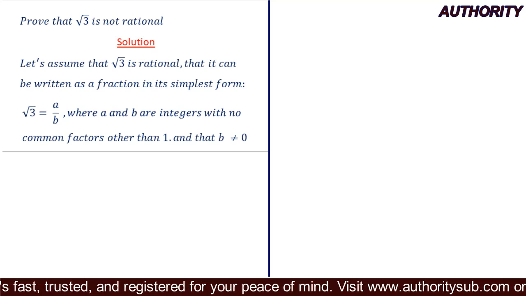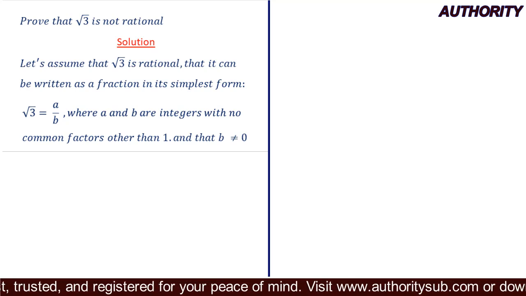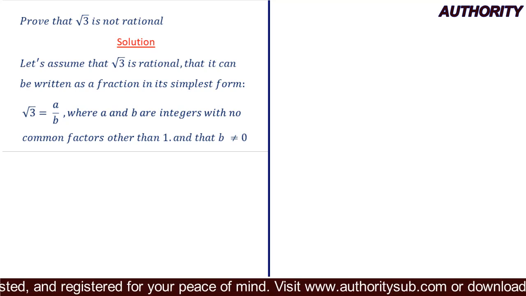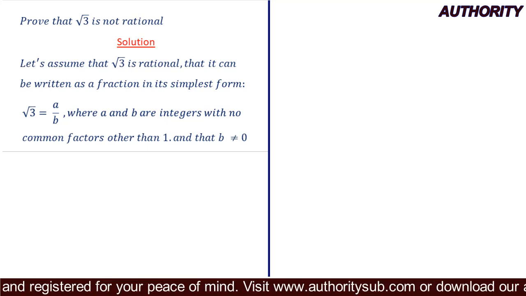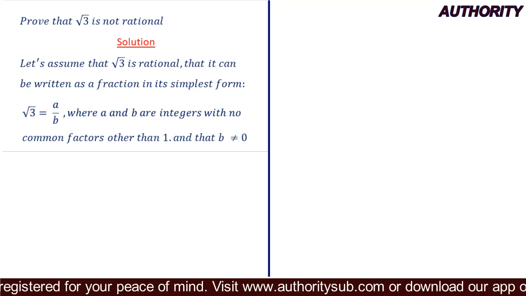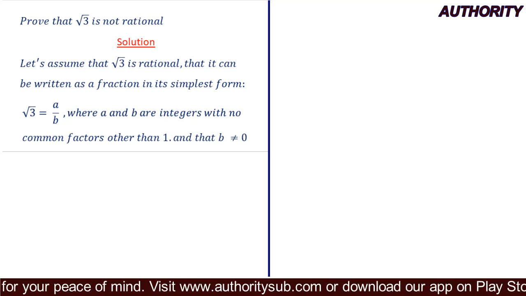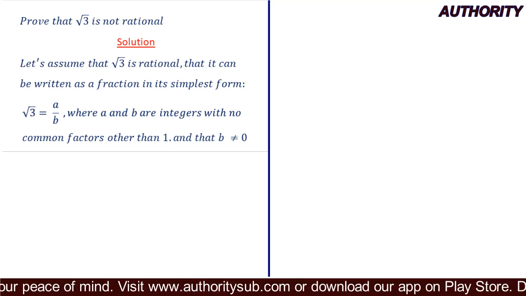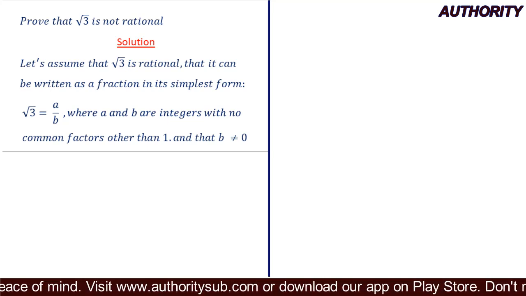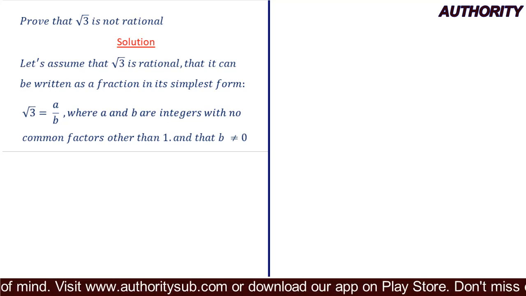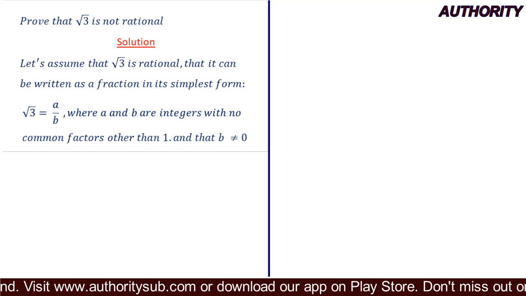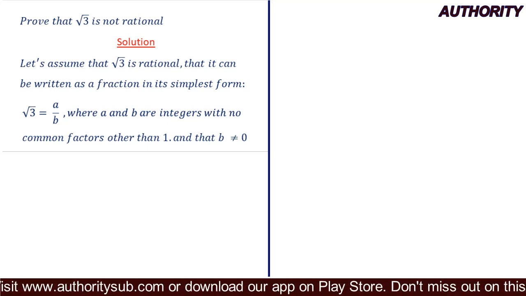A cannot be divided by any number, and b cannot be divided by that same number. Do you get what I'm saying? A and b are not divisible by any other number except 1. So that is our claim. Are we together? And then also that b is not equal to 0, because if b is equal to 0, that is to say is what?